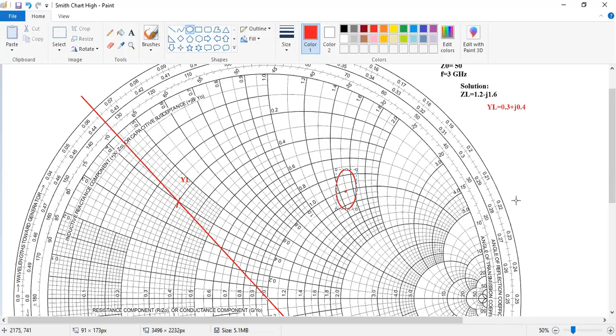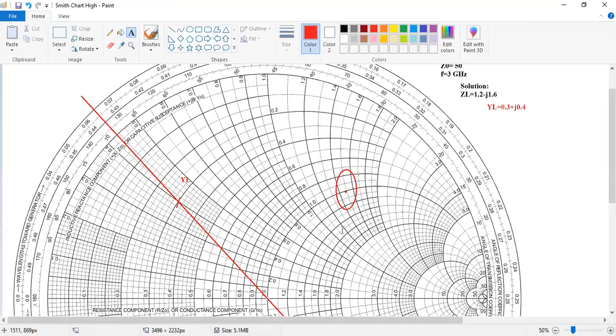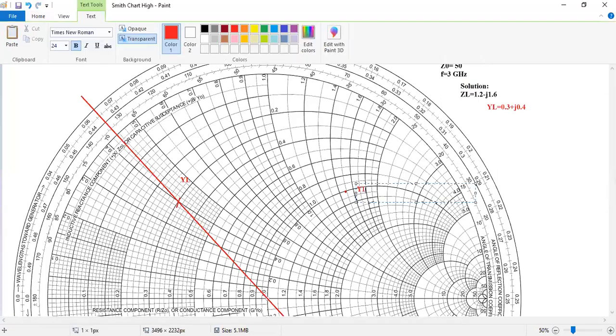Yes, sir. Okay. So you got the y1. I'll name this as the y1. This is your y1.